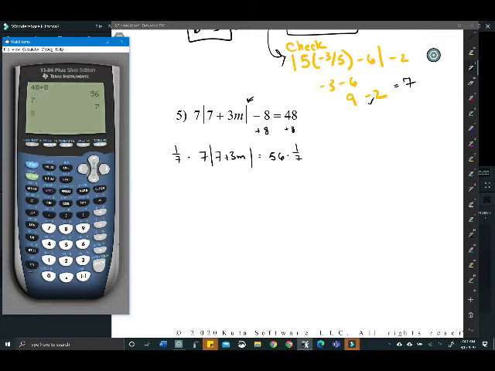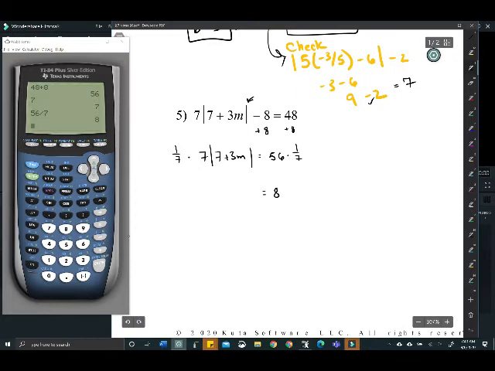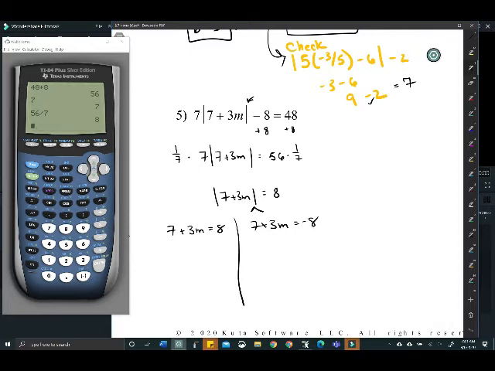And that gives us 8. So 8 is equal to absolute value 7 plus 3m. Now it's isolated. Split it up. Again, don't change the plus inside the absolute values.